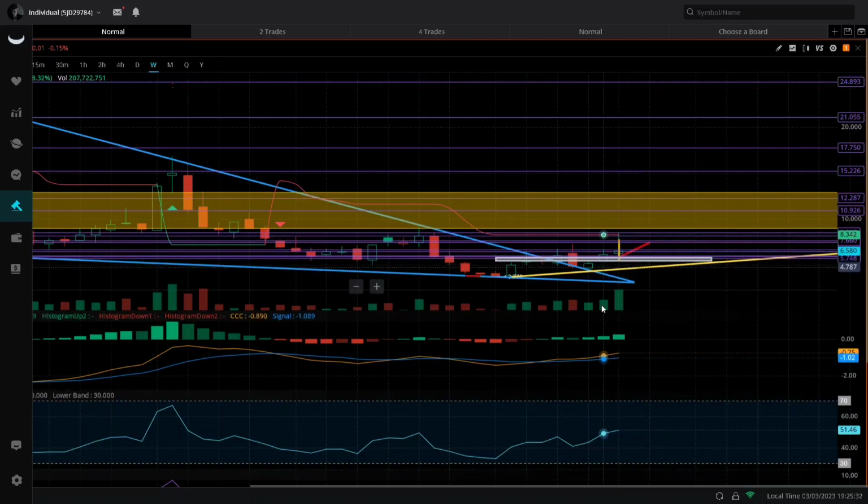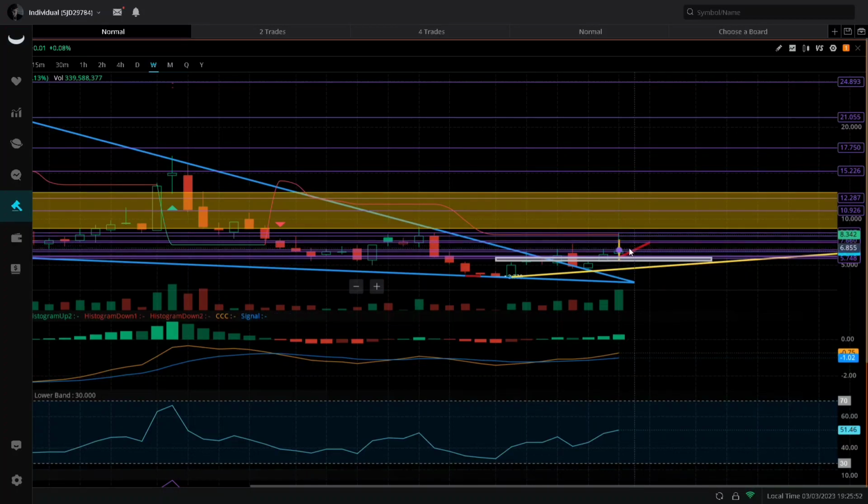So I am expecting to print another green weekly candle, like I predicted in last Friday's update for this week. I do predict another green weekly candle for next week, and it might even be an extremely large green weekly candle.